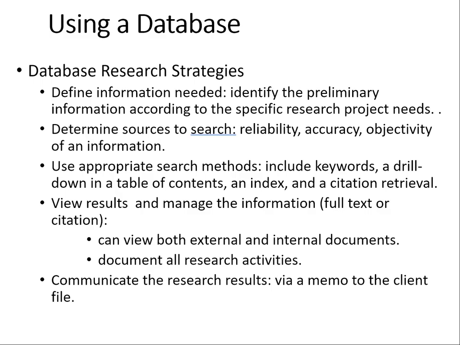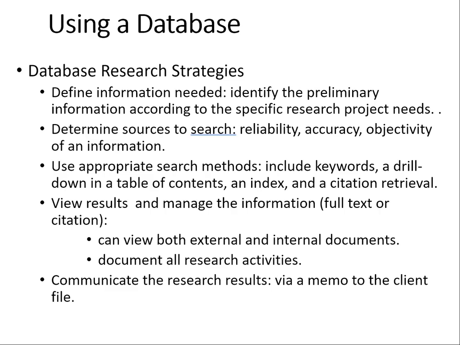So how do we use a database to do accounting research? First, we're going to define the information needed. We need to identify the preliminary information according to the specific research project needs. The more specific needs we identify, the more efficiently we can perform the research.